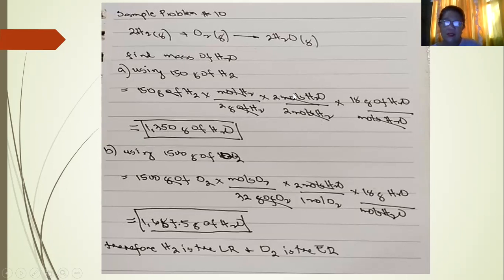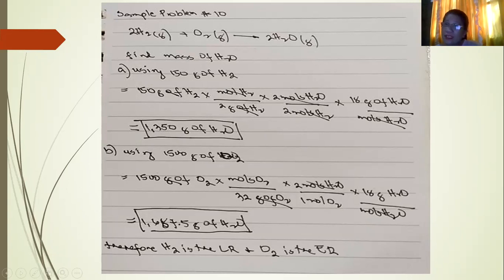So cancel the moles. And finally, because it is in grams, multiply it with the molecular weight of water, that's 18 grams of water. So cancel the mole there. Then use now the mathematics. That is 150 multiplied by 2 multiplied by 18 divided by 4. It is 1,350 grams of water.